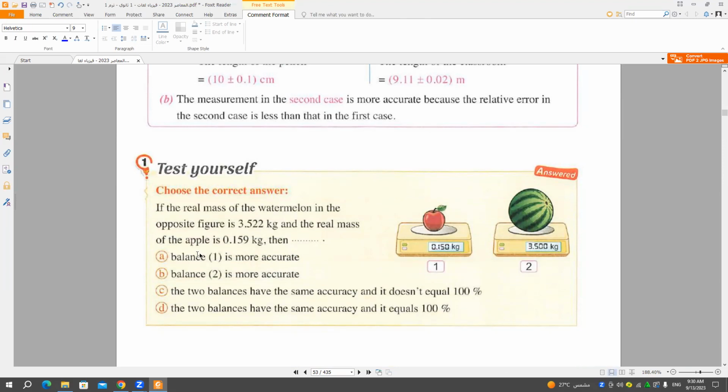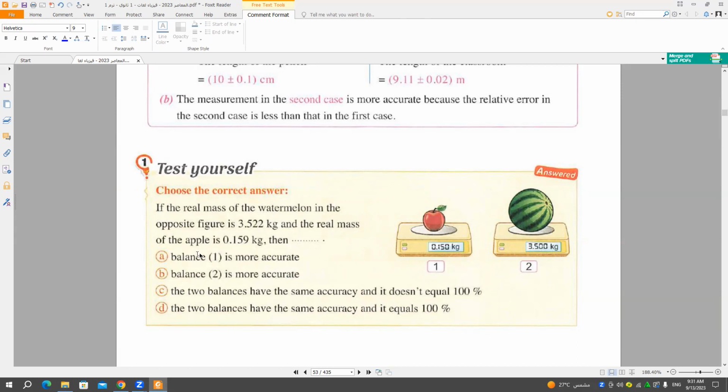We have an example here, with two cases. The first is the mass of an apple and the second is the mass of a watermelon. If the real mass of the watermelon in the figure equals 3.522 grams and the real mass of the apple equals 0.159 kilograms, which choice is more correct?